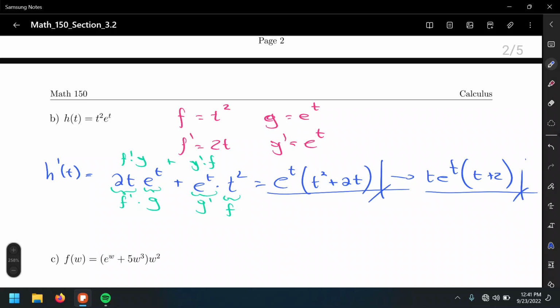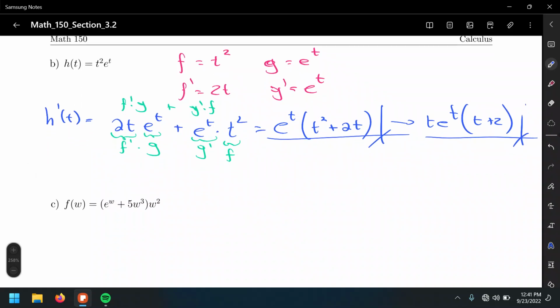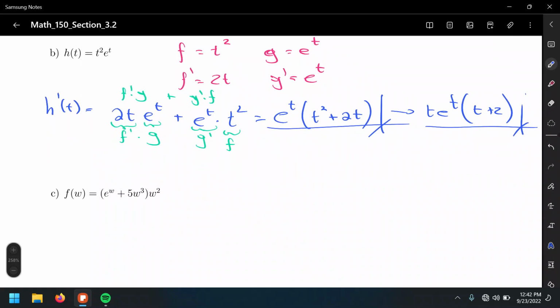And actually this is a better form later, when we get to finding maximum and minimum values for functions, because we will need to factor this derivative as much as possible so we can find those critical values. If you don't know what I'm talking about, you will later in the semester. In the meantime, let's keep practicing this product rule.